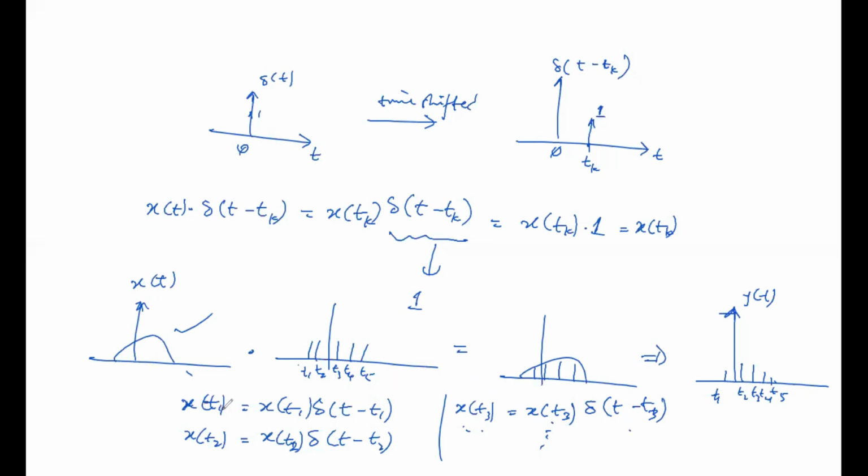By the time we add up all of those components, y of t will be the same as S of t sub 1 plus S of t sub 2 all the way to S of t sub 5 in this case. Now, once we do this, we see that this is the convolution of the signal. Now, how is that? Let's write this.